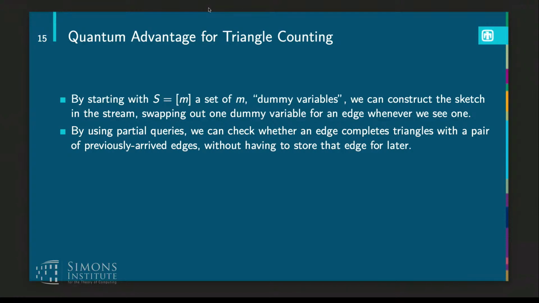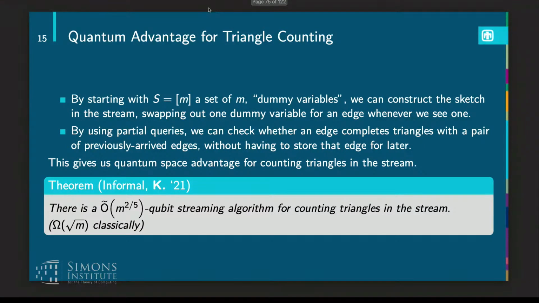This is important for making this work in the stream, because you couldn't store all of the edges that you want to query the sketch with without blowing up your space complexity. And that gives you this provable quantum space advantage for this triangle counting problem. You need O tilde m to the 2/5 qubits, and classically you would need root m classical bits.